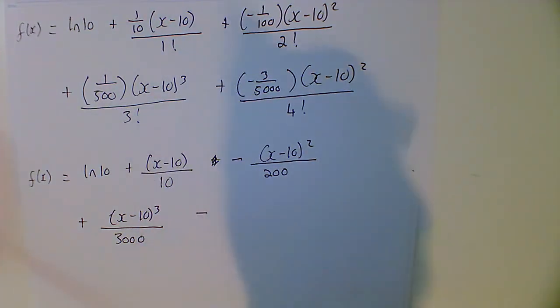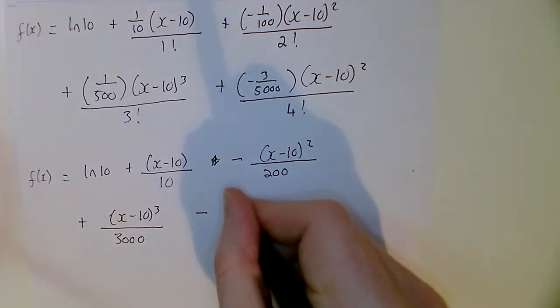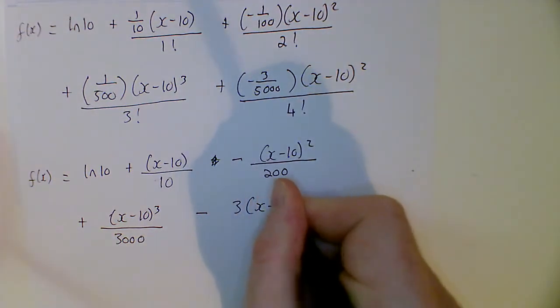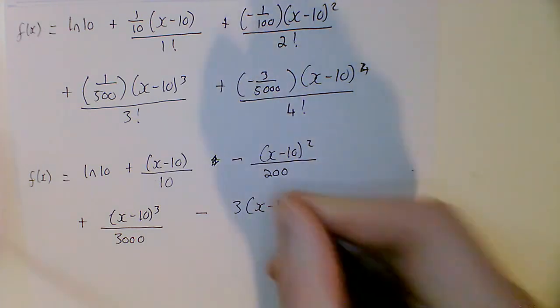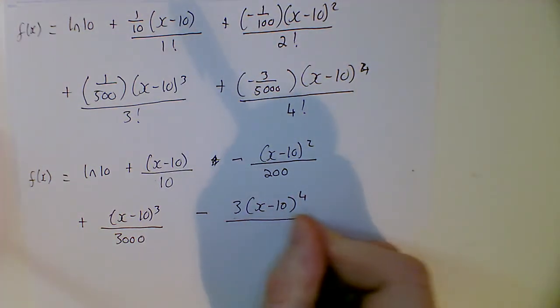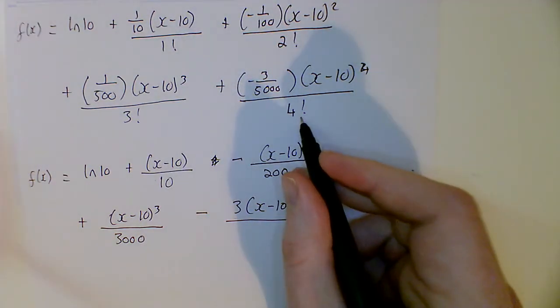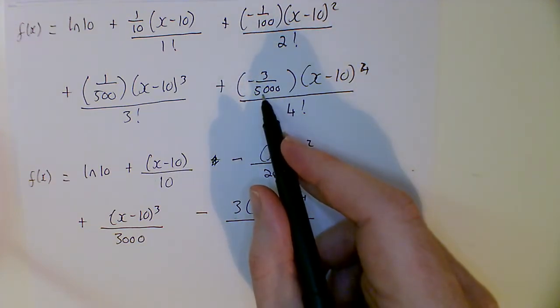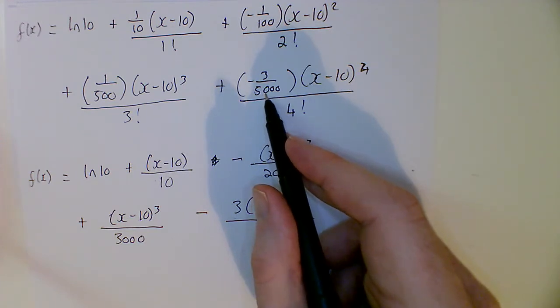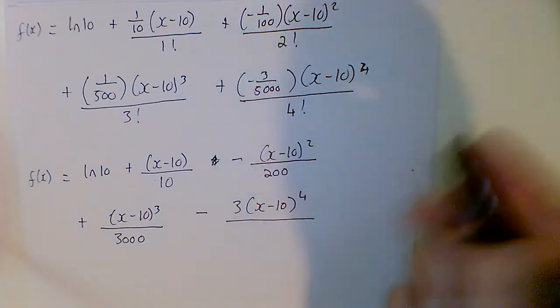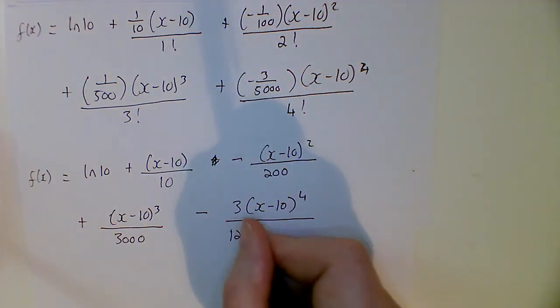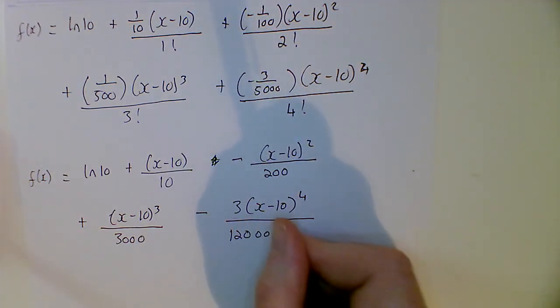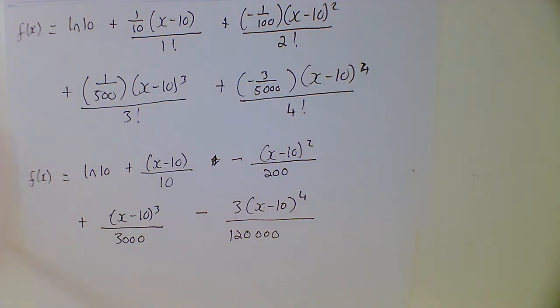And finally subtract, oh, I've got a 3 on the top, 3 times x take away 10 to the power of 4 over 4 factorial, which is 24, 24 times 5000 is 120,000.